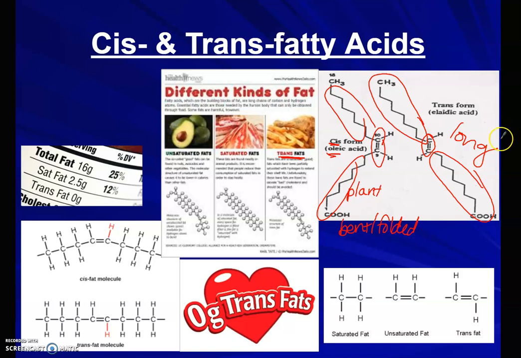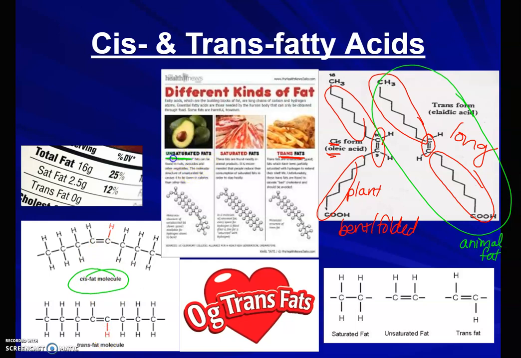So which one's going to get stuck in your arteries? That's right. Okay, a lot of these very high saturated animal fats have these long trans fats over here, and it makes it so that it is not going to fit in your bodies well. Okay, whereas the cis fat is actually going to be much better for you.